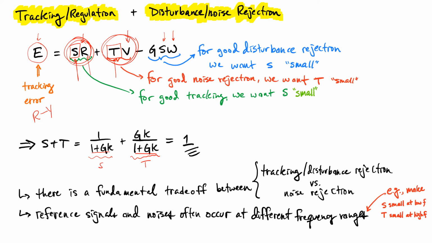The solution here that we're going to see, and we're going to touch on this at the very end of the class, is that if you keep in mind what these variables are, this G and this K are transfer functions of the plant and the controller, G of s and K of s.